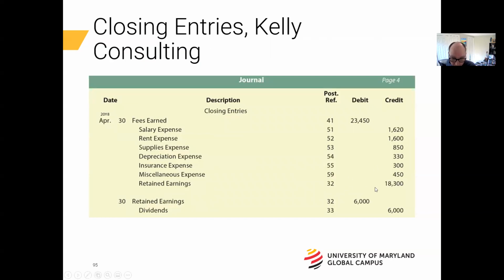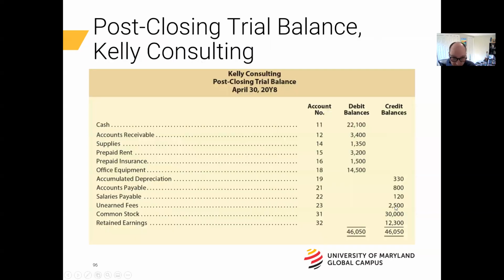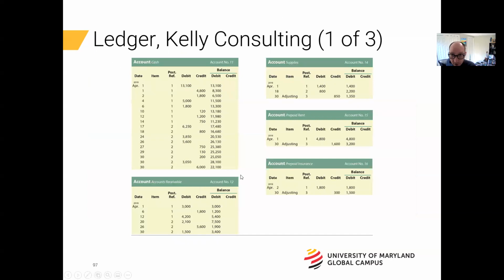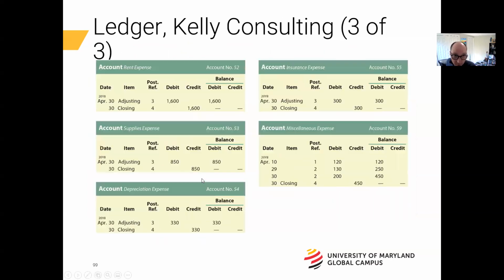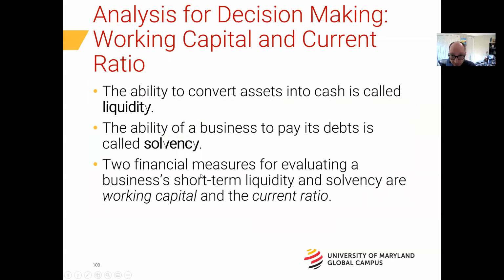We debit all of that to retained earnings, dividends. And then we have our post-closing trial balance. We ensure debits equal our credits. And then we examine the ledger accounts to ensure that everything is in place. So that's the accounting cycle.